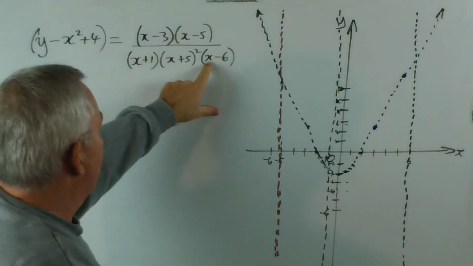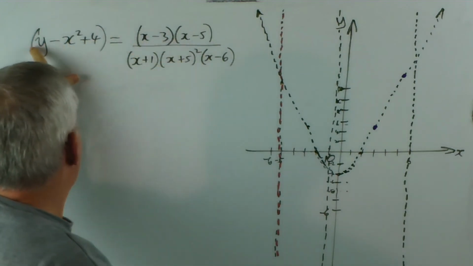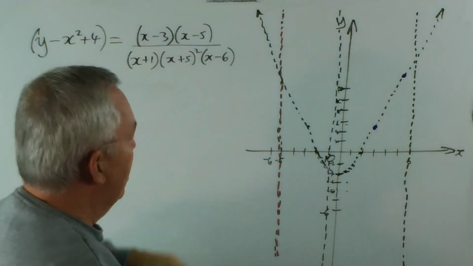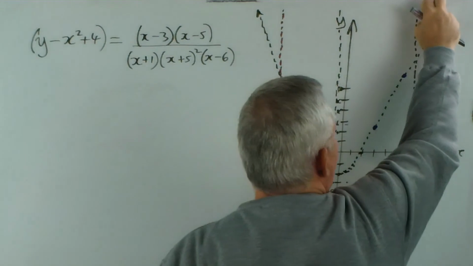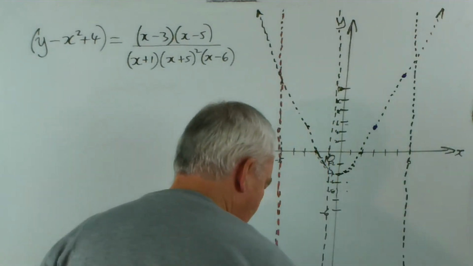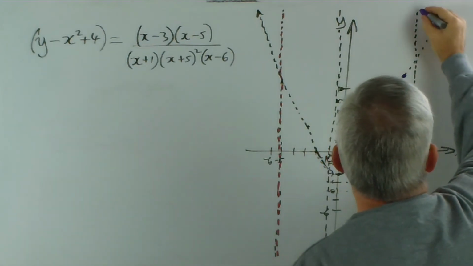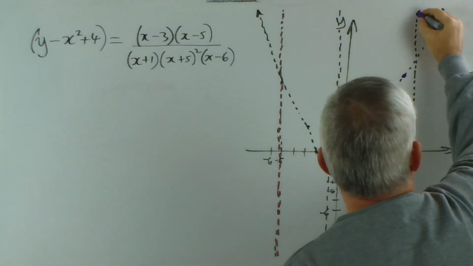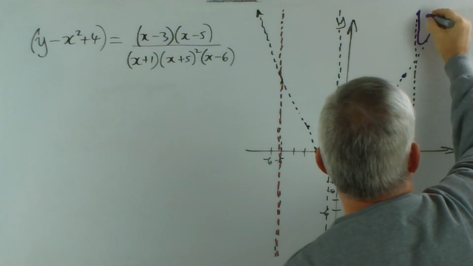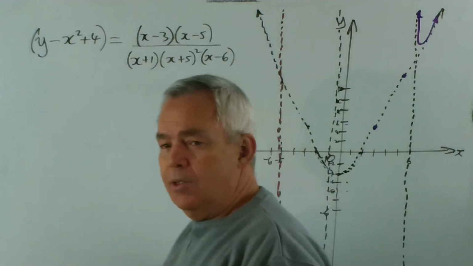And since we have plus, plus, plus, plus, plus, plus, and a plus out the front, our graph is going to start in this top right hand section up here, and I'll graph it in purple. So the first part of our graph will be here. So far so good.